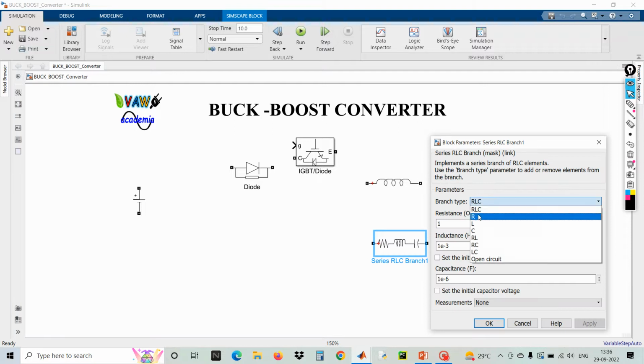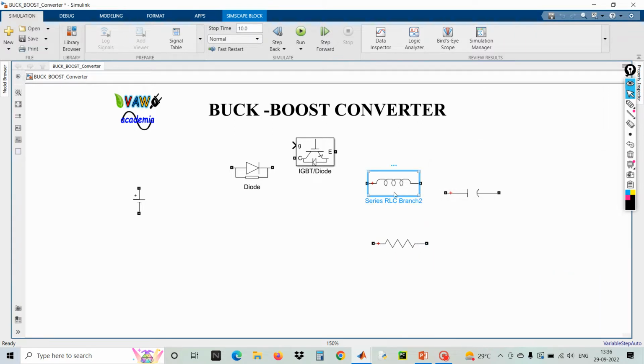Sorry, I need a resistor alone here. This one is my input voltage.